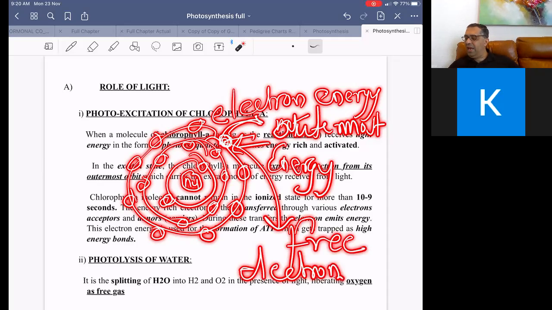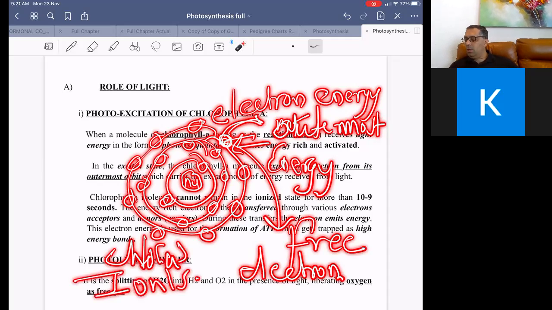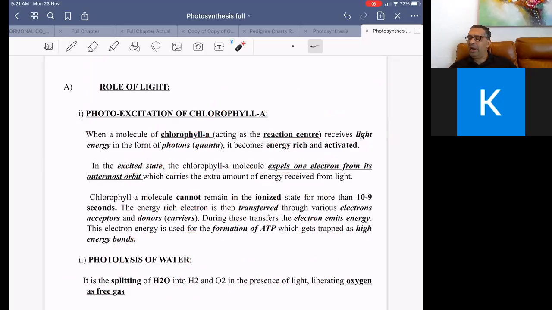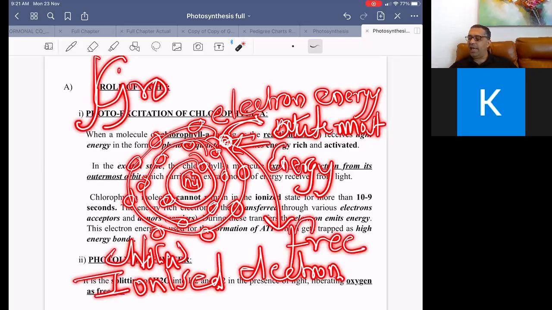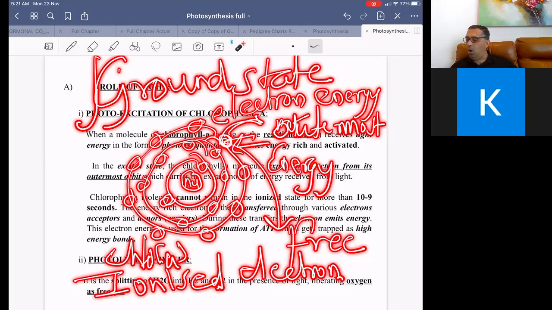And the chlorophyll A molecule, by losing an electron from the ground state, becomes ionized. जब उसका इलेक्ट्रॉन था, it was in a ground state. That was called ground state. But जैसे ही उसका इलेक्ट्रॉन चला जाता है, from the outermost orbit, it becomes a free electron.